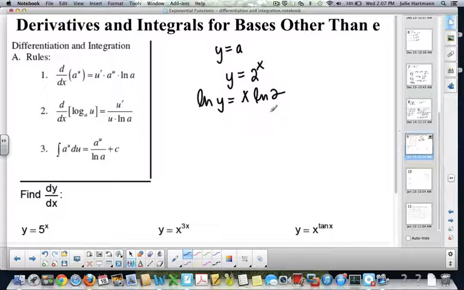Now, if you did the derivative of each side, derivative of ln of y is dy times 1 over y equals, here ln of 2 is just a constant. It's basically saying like 2x, derivative would be 2. So it's ln of 2 times x, which means your derivative is ln of 2.